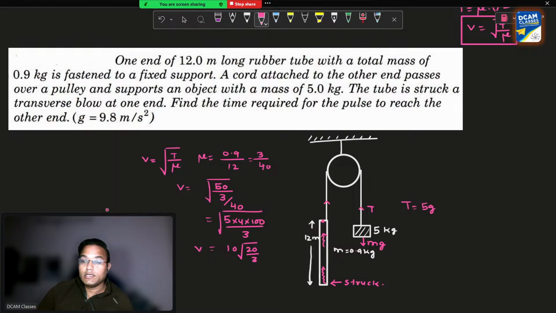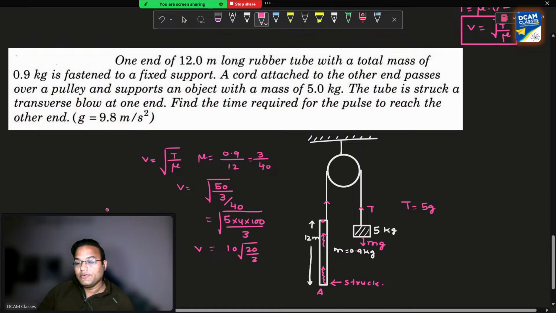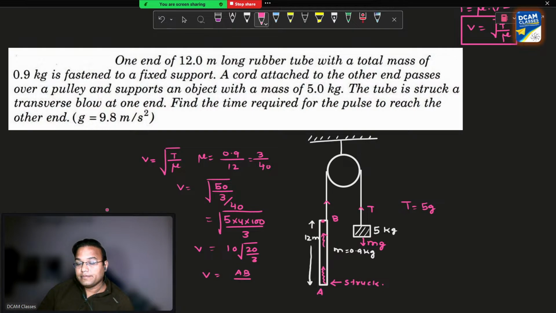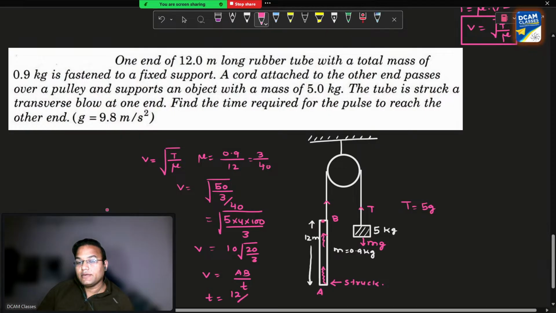This is velocity. The time required, they're asking, the wave pulse is moving from A to this point B. So velocity is equal to this distance by time. The time will be equal to AB, which is 12 meter, divided by this velocity, 10 root over 20 by 3.